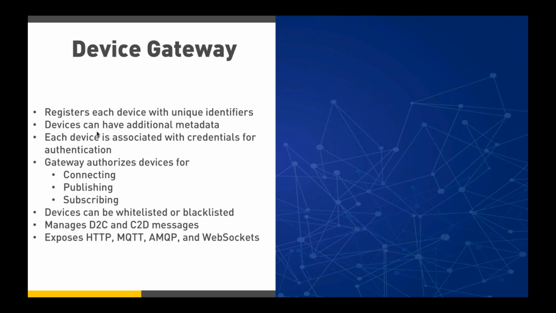And similarly, every time there is a subscription request, the gateway will ensure that the device is authorized to publish and subscribe, or just the subscription policy. At the same time, devices can be whitelisted or blacklisted. When the devices are lost or when they are malfunctioning, they can be automatically blacklisted through the authorization policy. And the moment they get blacklisted, the device gateway will ensure that they don't participate in the solution anymore.